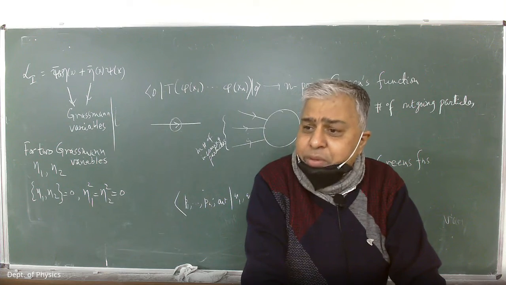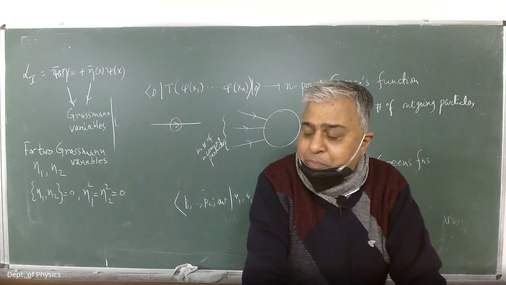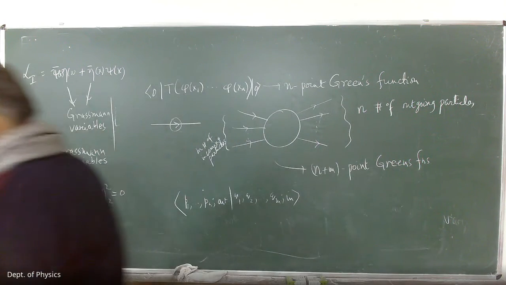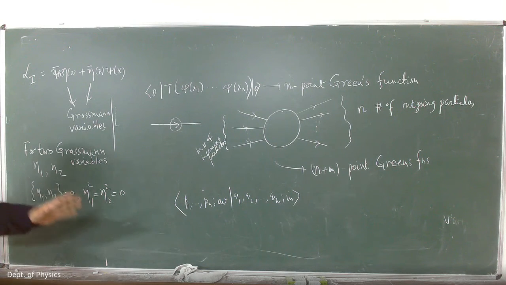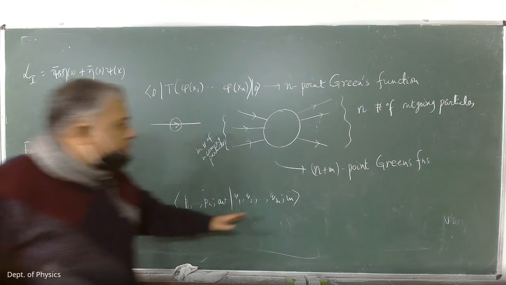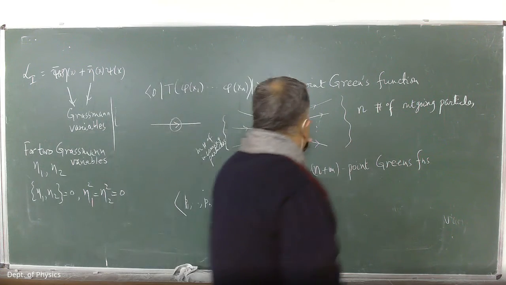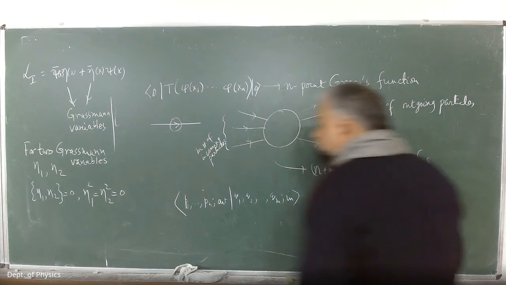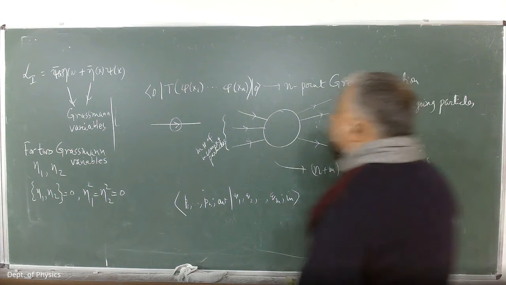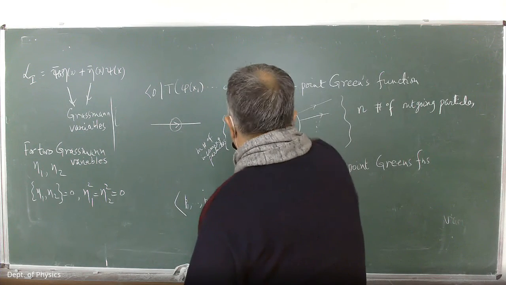I have given one simple calculation, but I don't have time to discuss other things. So you understand its importance. If you want to describe this kind of process, you will end up using this. It is possible to write this kind of probability amplitude in terms of this n point Green's function. Here, of course, it will be n plus m.